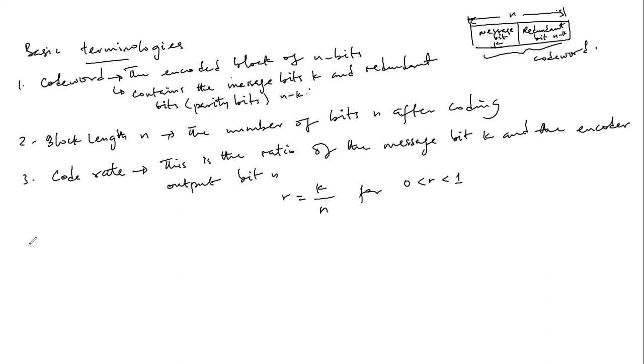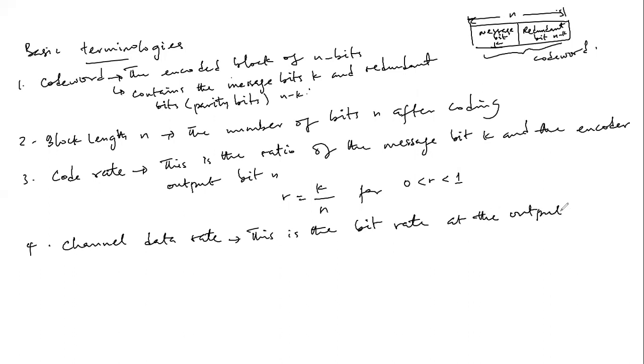And then we have the channel data rate. This is the bit rate at the output of the encoder.